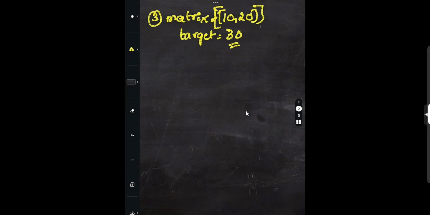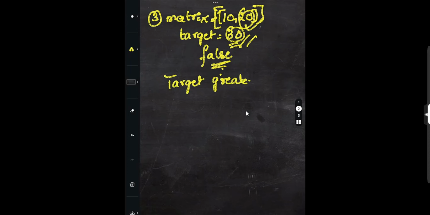If the target is larger than the largest element, you can clearly see the largest element is 20, then the output will obviously be false, right? This is for the condition target greater than all elements.